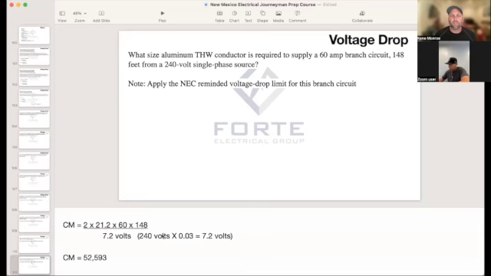You have 240 volts, so you want to see what 3% of 240 volts is. You go 240 times 0.03, and that equals 7.2 volts. So 7.2 volts is your maximum recommended voltage drop for this circuit.